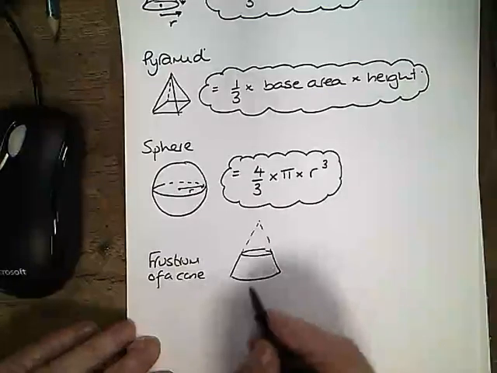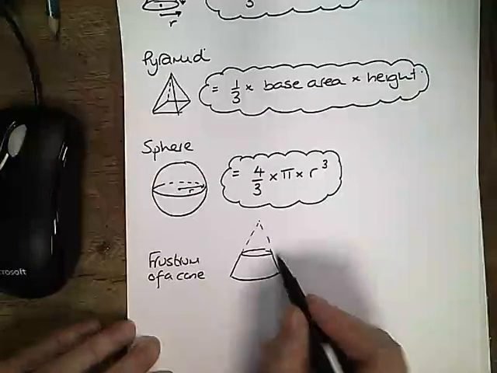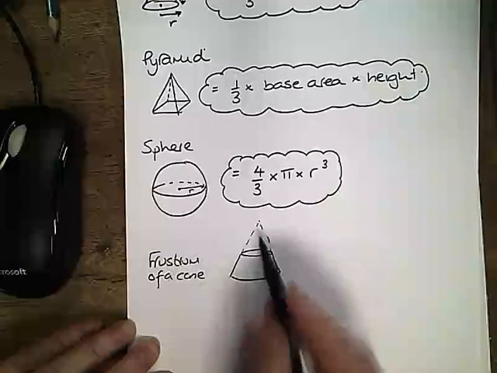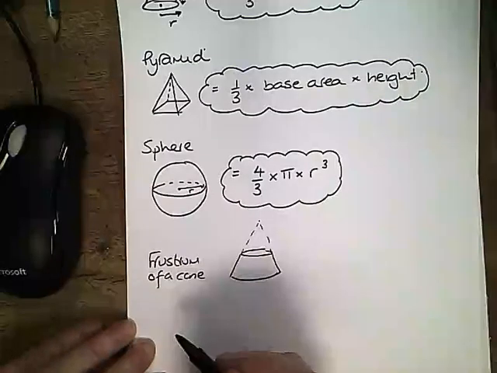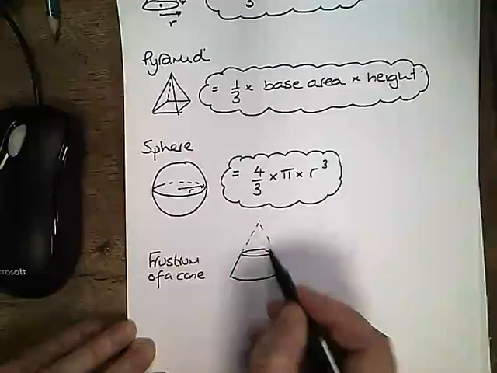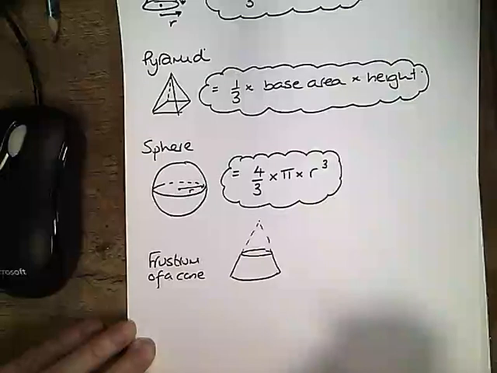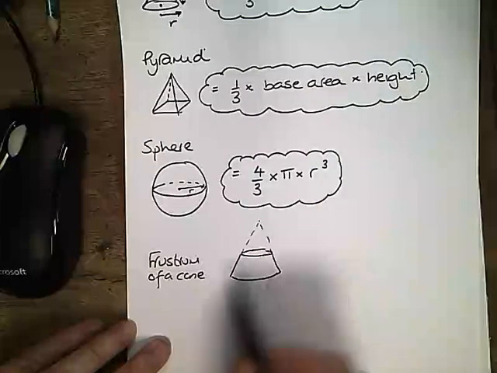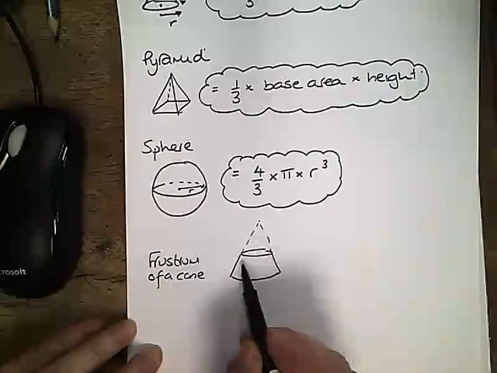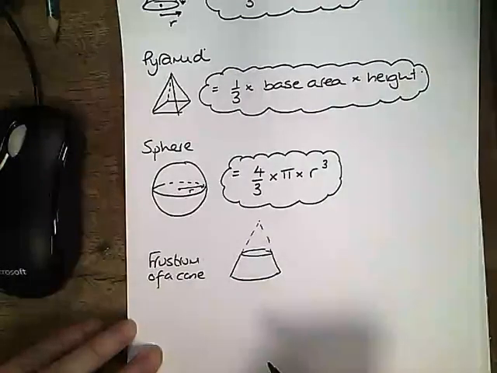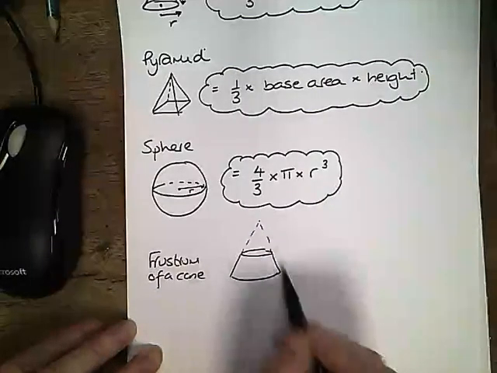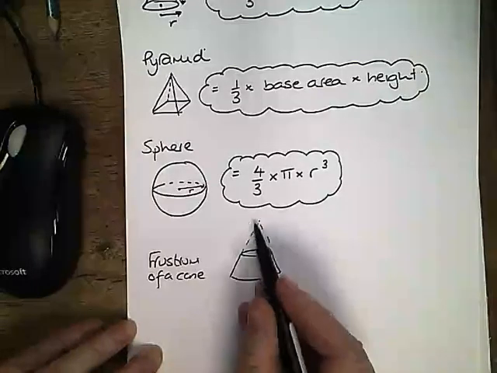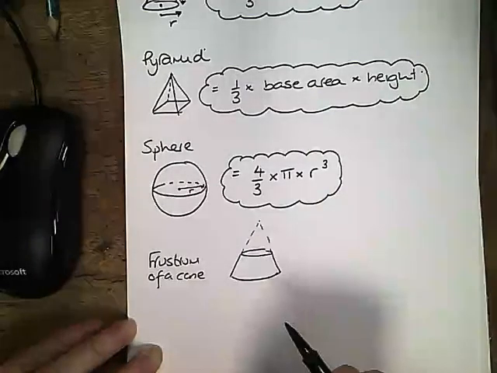Okay, so you would find the volume of the large cone before it had been chopped off, and then take away the volume of the chopped off bit of the cone. Okay, so those are some of the problems that you might get asked to do with cones. You'd have part of the lampshade bit left, where you start off with the big bit, find that volume, find the bit that's been chopped off and subtract one from the other.